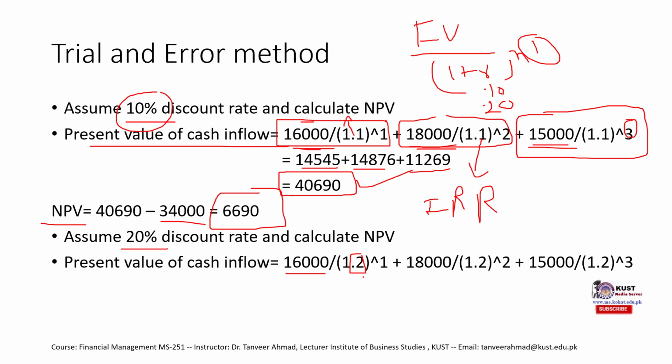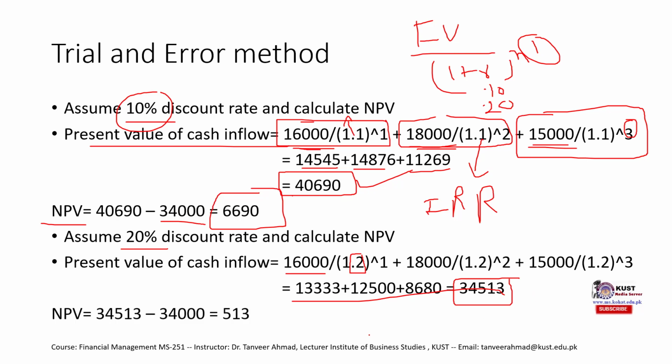So it would be 1.2 rather than 1.1. If we simplify this, we get a present value of cash inflow of 34,513. We find the NPV, and NPV is this present value of cash inflow minus 34,000. The NPV is 513.